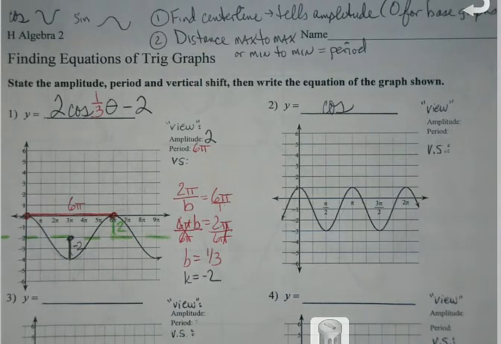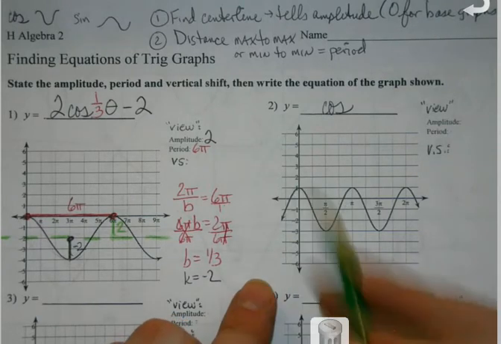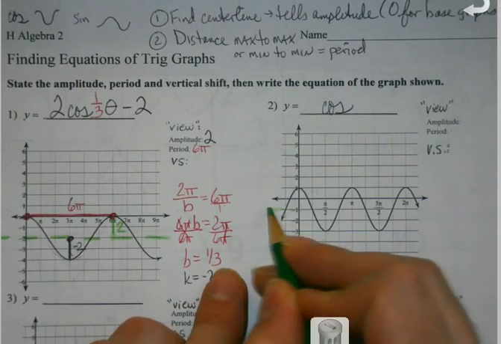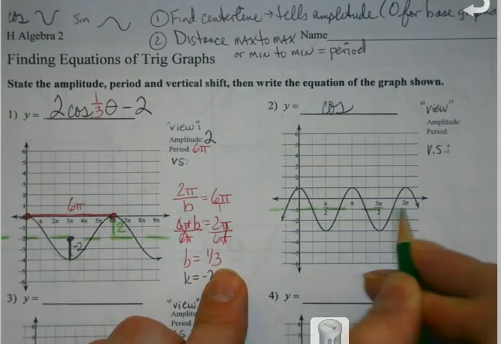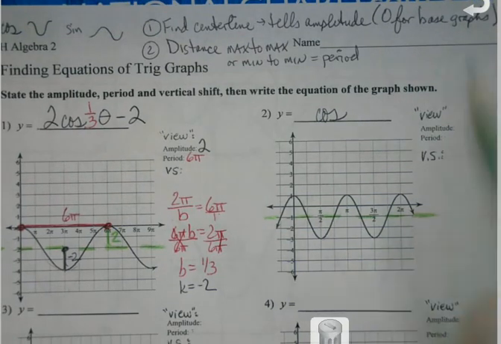So then again, let's find our middle ground here. Where's my center line going to be for this one? -1, because my max is at 1, my min's at -3. Whatever's in the middle is going to get me that value. So again, my amplitude I find by saying, okay, let's see here. -1.